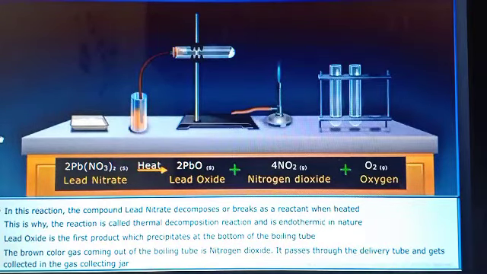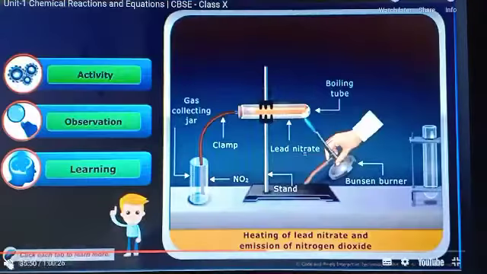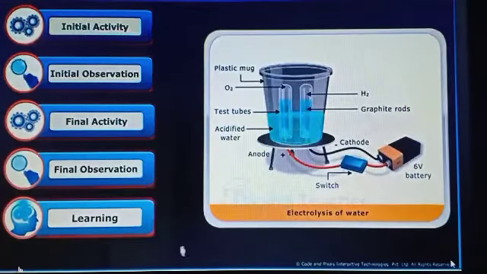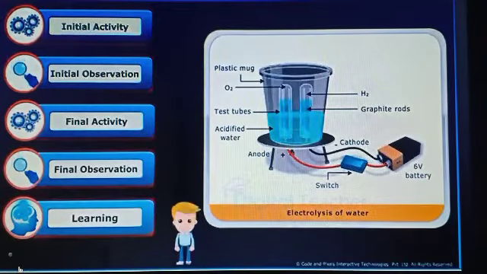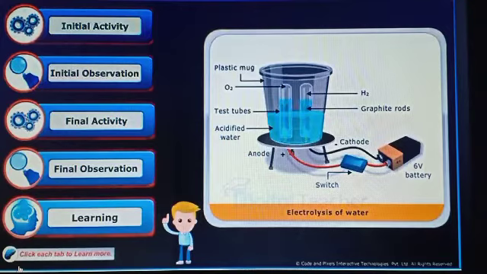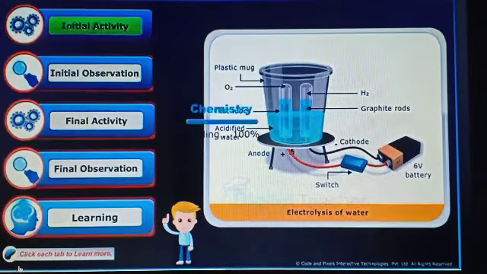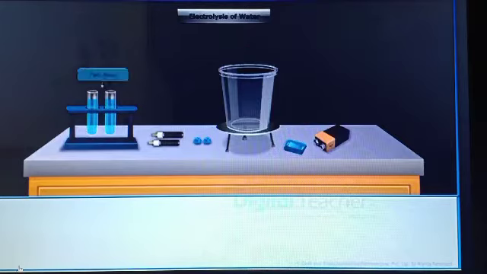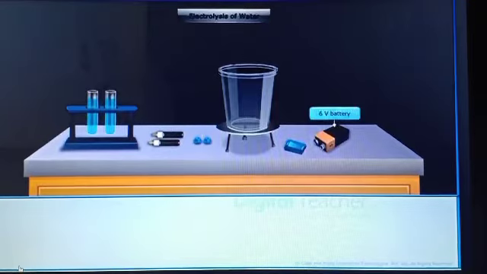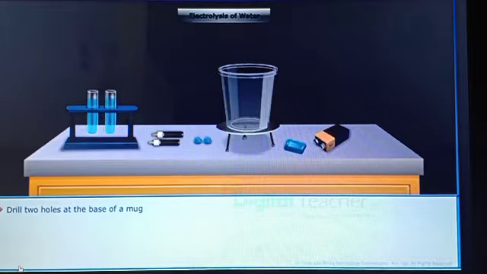Now let's see the next activity, which is the electrolysis of water. Let's see the activity. In the electrolysis of water, first of all, take a plastic mug as shown in the figure, the rubber stopper, test tube, 6-volt battery and test tube stand.